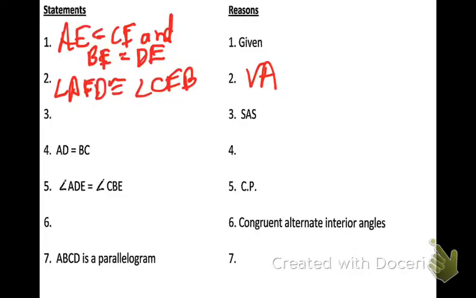All right. So then side angle side. What do I want to say is congruent by side angle side? Adam. Yeah, triangle AED is congruent to triangle CEB by side angle side. Then step 4.